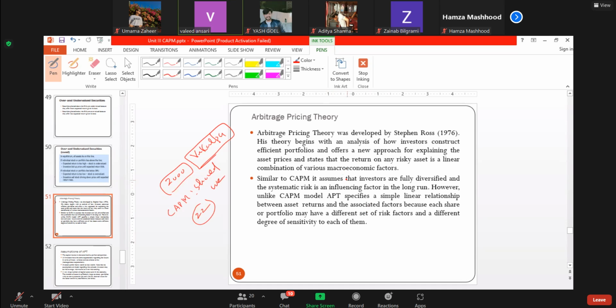CAPM is an elegant model which tries to relate risk and return. It says that risk and return should move together, and that the risk which is material in the world of CAPM is market risk, because other risks can be diversified away. CAPM is one of the most widely used concepts in finance after NPV.